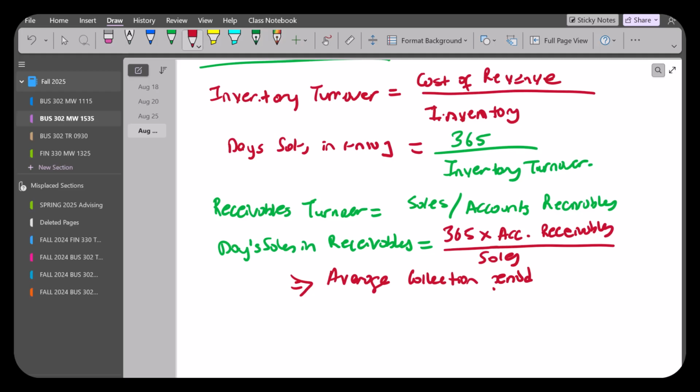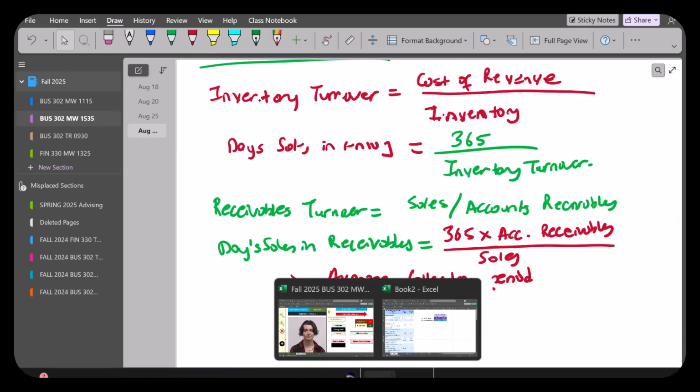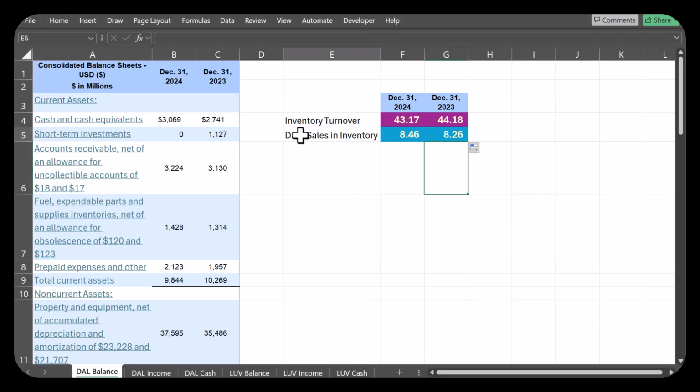Let's calculate this directly for both companies. Let me put it somewhere over here.